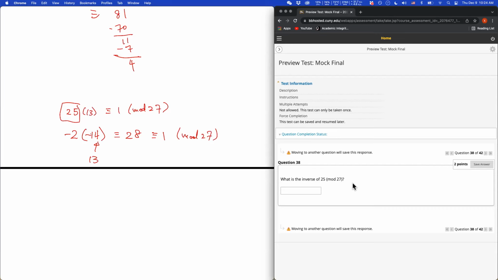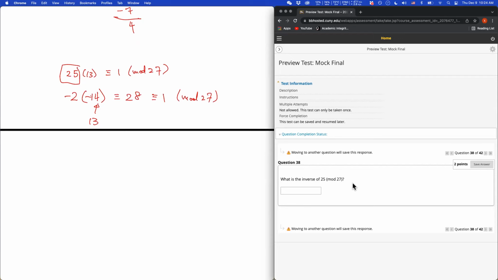Or you can just solve it by the Euclidean algorithm. You have 27, and see how many times 25 goes into it. It goes into it once with a remainder of 2. And then 2 goes into 25 12 times with a remainder of 1.